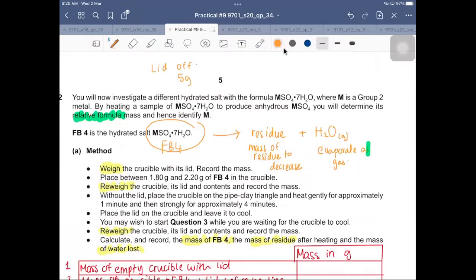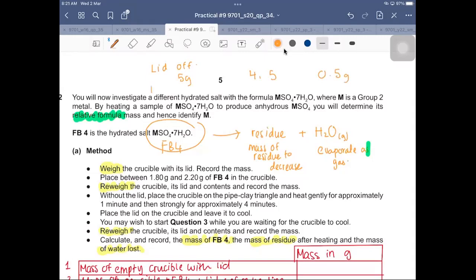Okay, and then we say that the mass of the residue would be 4.5, and then the mass of water that escaped is 0.5 grams. Okay, this is if you have the lid on.